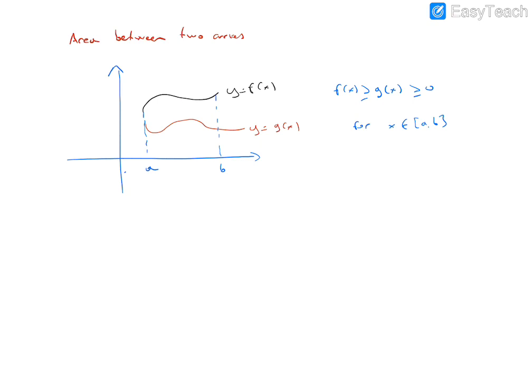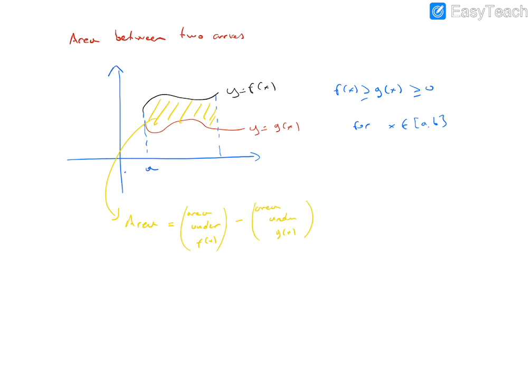So we know this fact from a to b. The area between f of x and g of x, which area? This area. This area equals the area under f of x, or between f of x and the x-axis, minus the area under g of x.